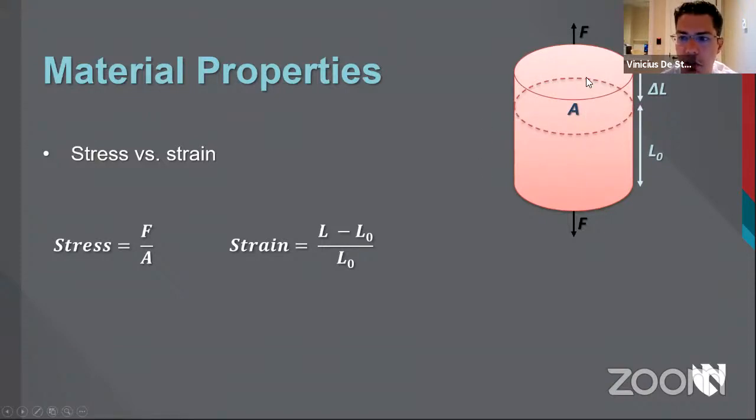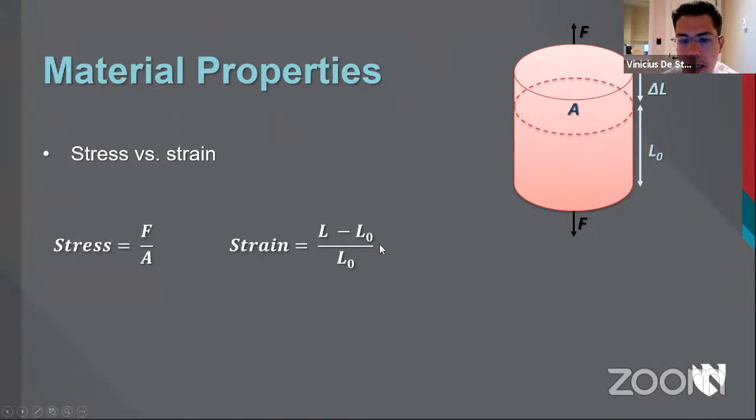Let's use the cylinder here as an example. The force is in this vertical direction, and the area is the cross-section of the cylinder, which is the circle, right? So that's the definition of stress. And remember that this has a direction, so we're measuring stress in this direction here. This is important for what's coming up.